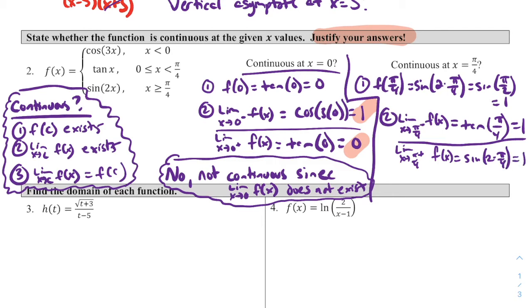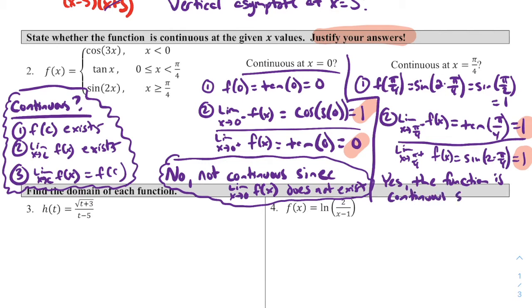So we now see that the limit from the left and the limit from the right are the same, which means that overall limit is going to be equal. And so because of that, we can now conclude, yes, the function is continuous. And why? Well, we're going to go to that third rule.